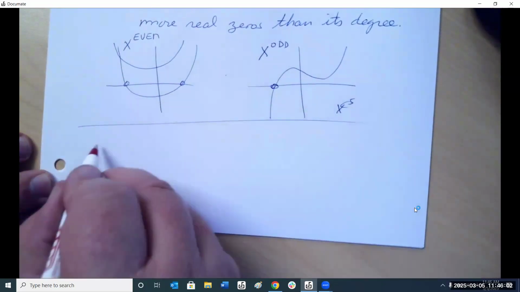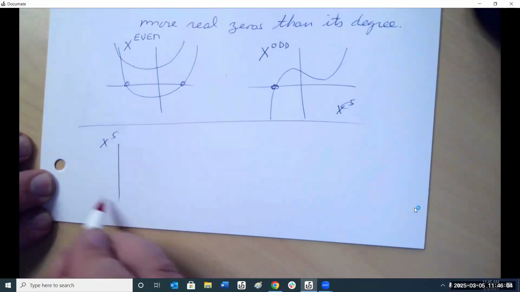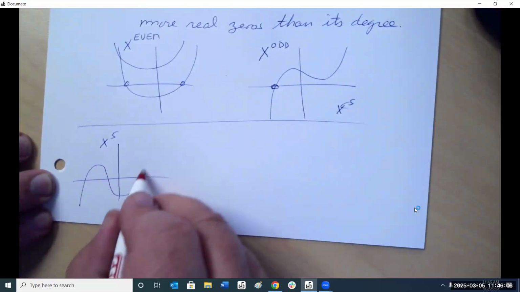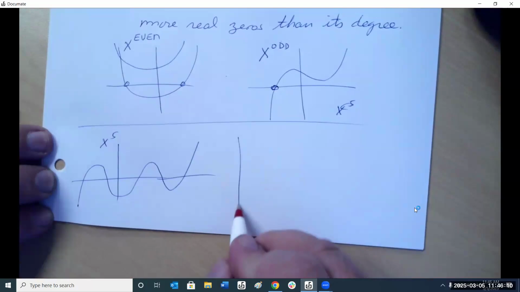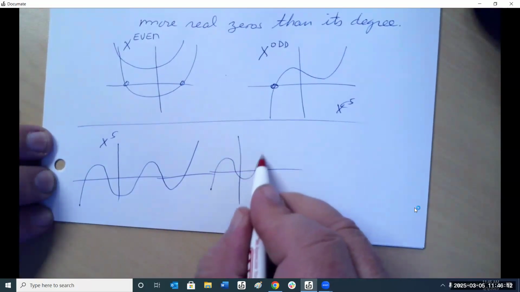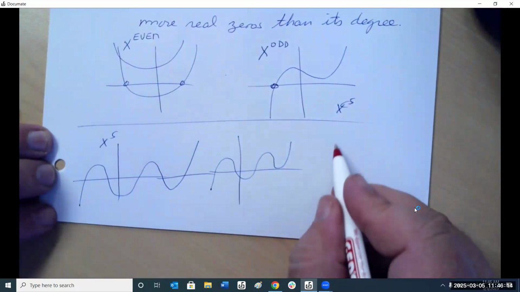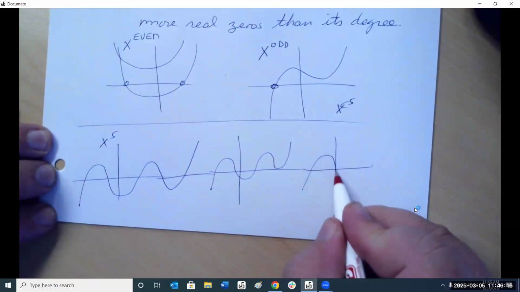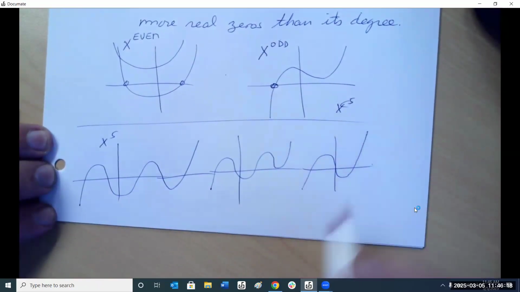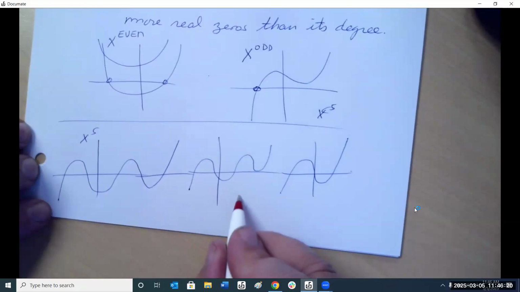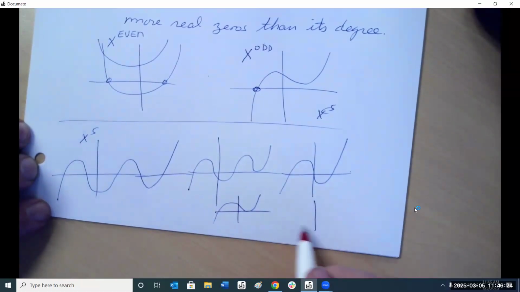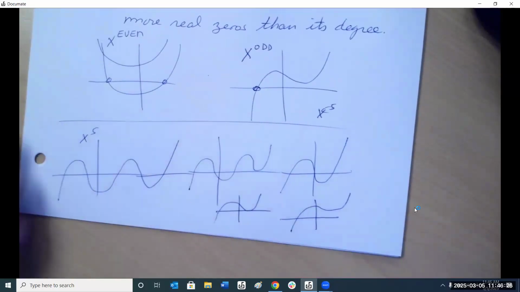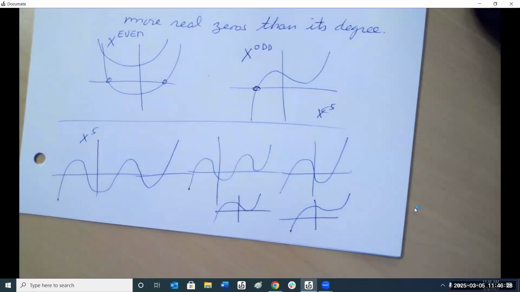We can have 5 solutions, 4 solutions, 3 solutions, 2 solutions, 1 solution, but we have to have at least 1 solution.